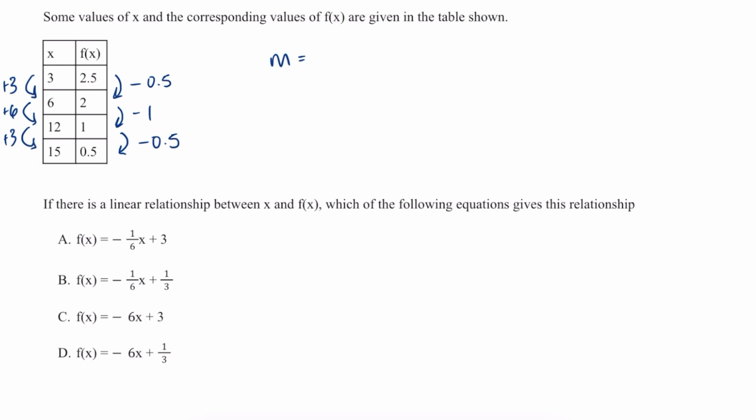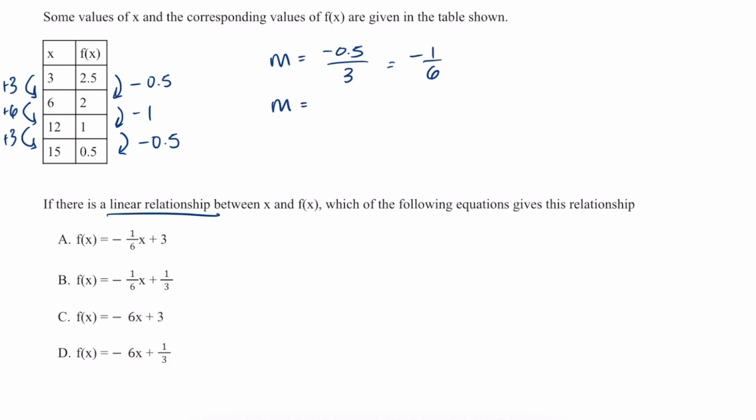And even if the changes are not by a constant amount, it's still a linear relationship. And this is because if you look at the slope between each of the individual points, then you would get m equals negative 0.5 over 3, which is the same as negative 1/6 for the first 2 points.